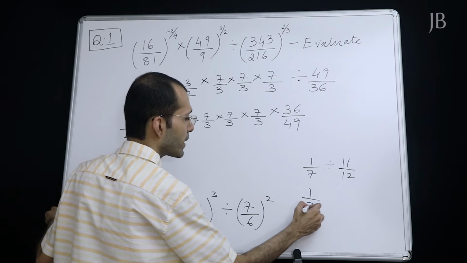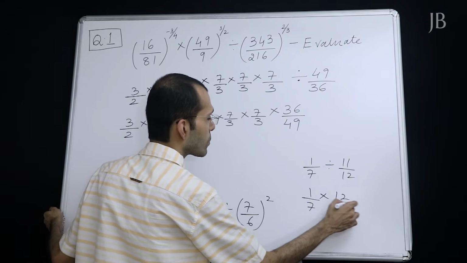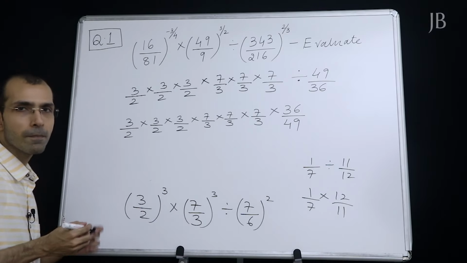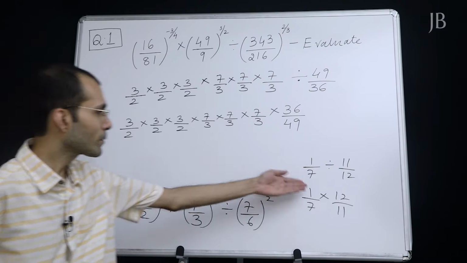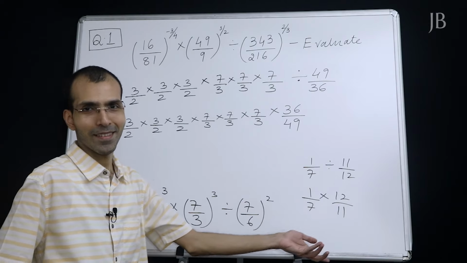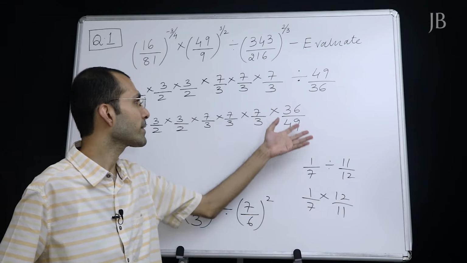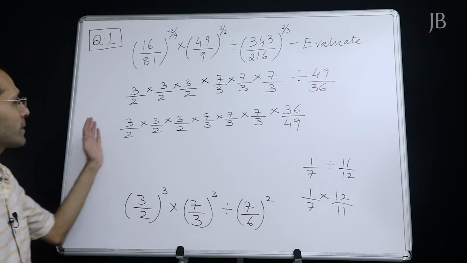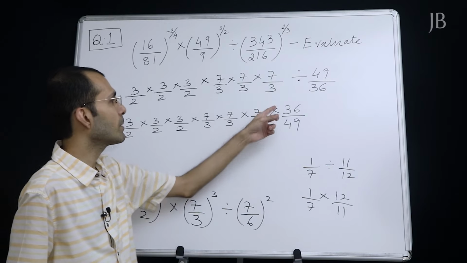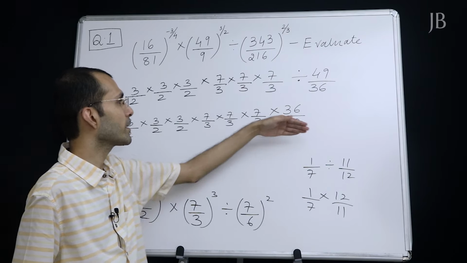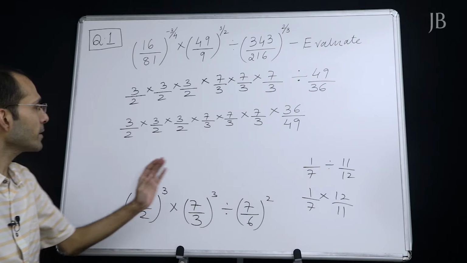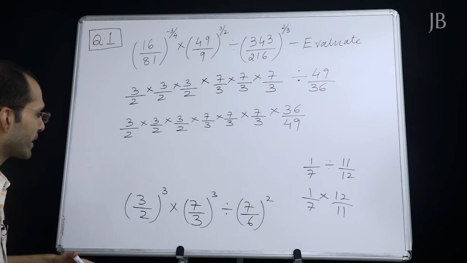This would be 1 by 7 into 12 by 11. Correct? So that is what we have done. We have not applied any law of indices here. So now this has come all nice. This division will become multiplication and 49 by 36 will become 36 by 49. We just need to see what is getting cancelled now.